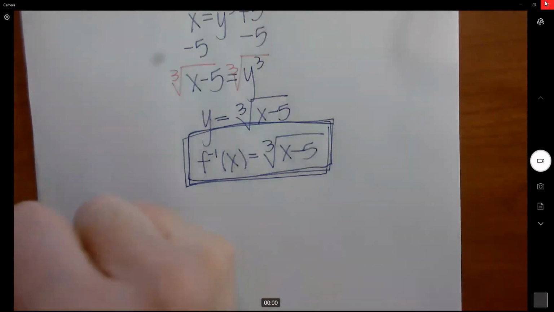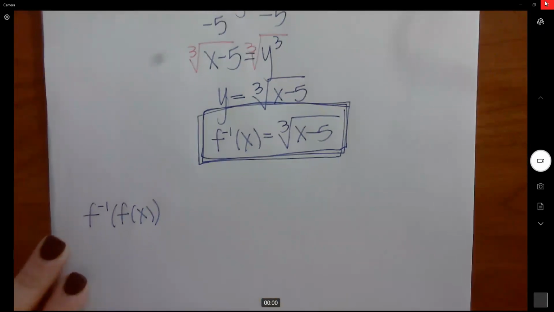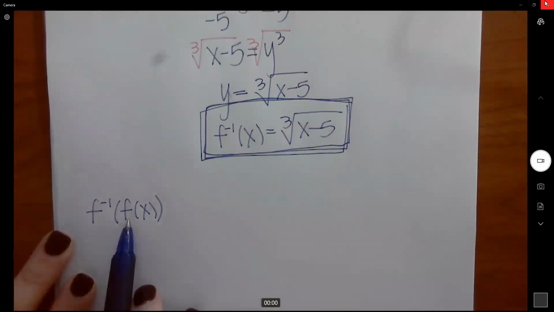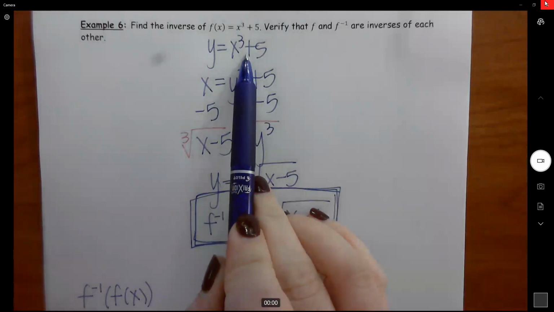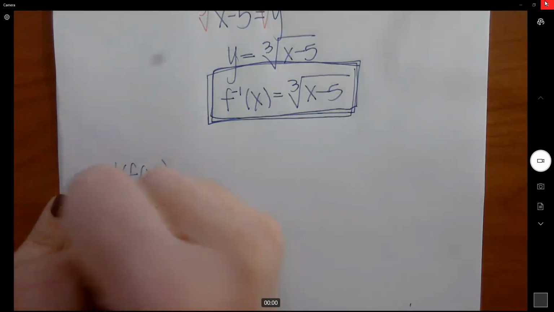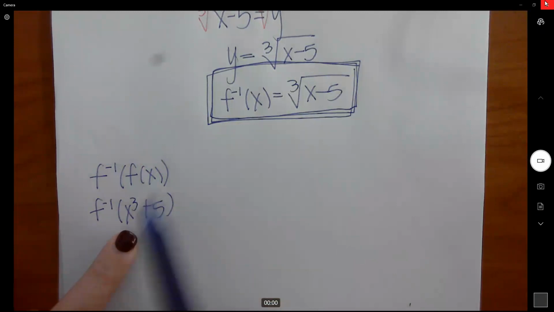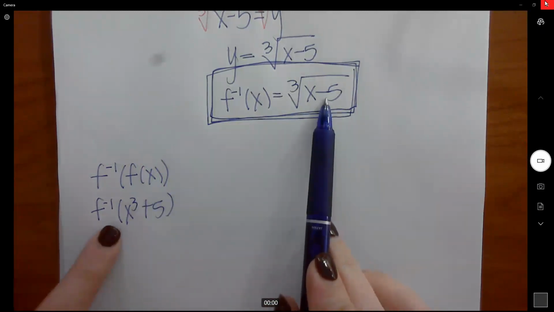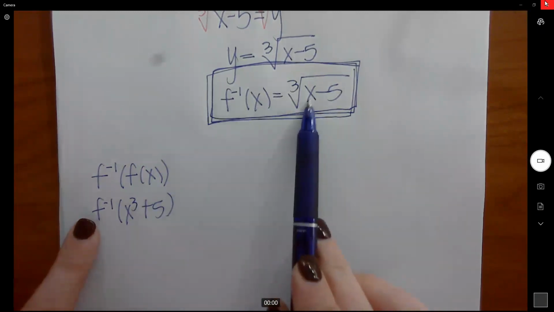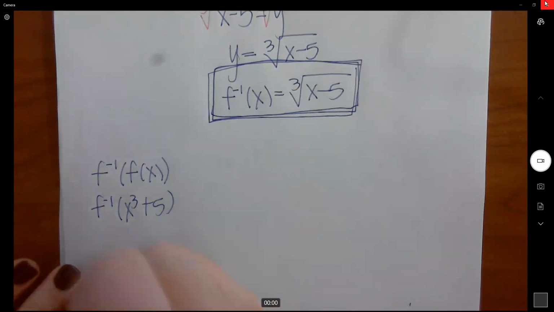So first we have this one here. What was my function? Well, my function was x cubed plus 5. So replace an x from this with my inverse, where I see this x, I'm going to replace it with the cubic root of x minus 5.